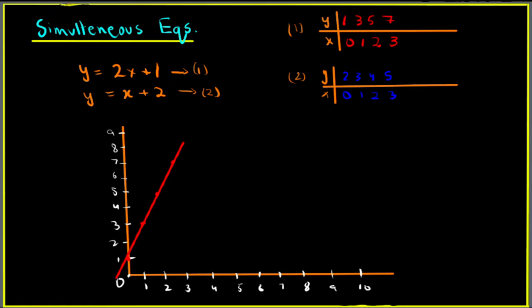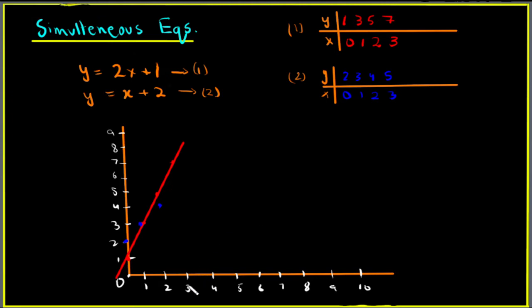And if we plot the second equation, when x is equal to 0, y is equal to 2; when x is equal to 1, y is equal to 3; when x is equal to 2, y is equal to 4, so something somewhere over here.